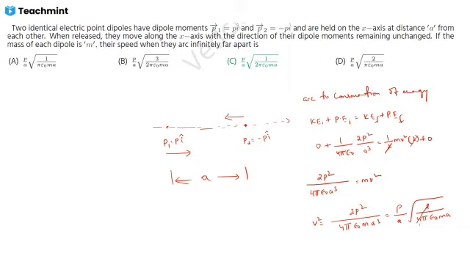Here the 2 also gets cancelled. So the velocity finally will be p by a into square root of 1 by 2 pi epsilon naught m into a.